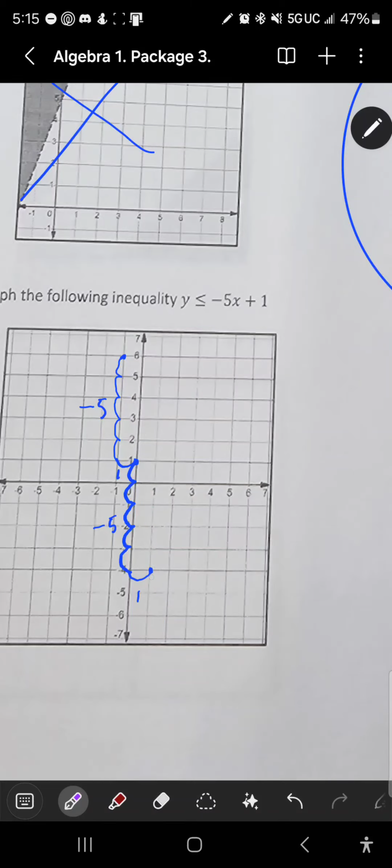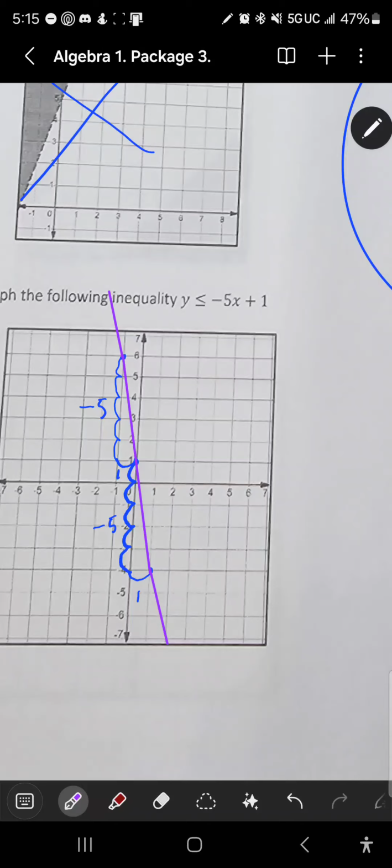Okay, this is not working. Wait a second. Better. Okay, basically, I'm really bad at drawing. Okay, this is the best I could do.